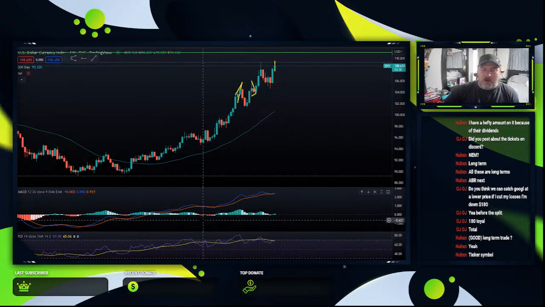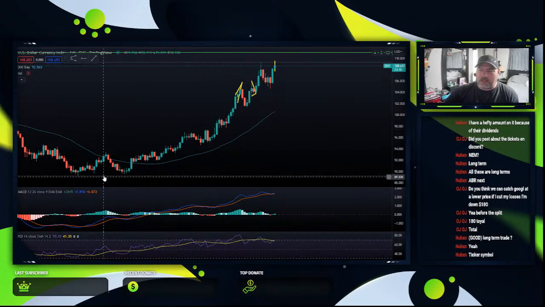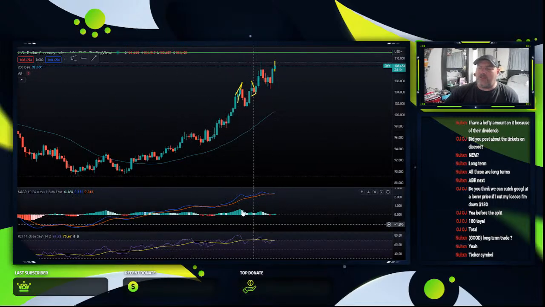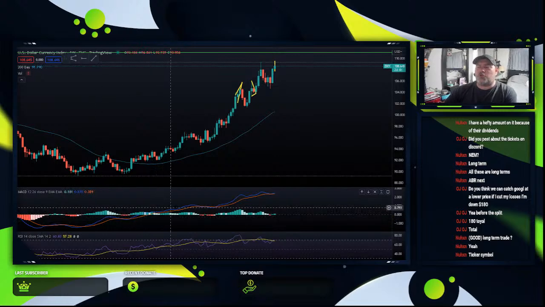All these small little red histogram islands, they're weak. So it's showing you any pullback we're getting in this DXY trend is weak. And then we get these big positive bumps. It's showing you that every time we start to make a leg up, it gets strong. It's super strong, man.